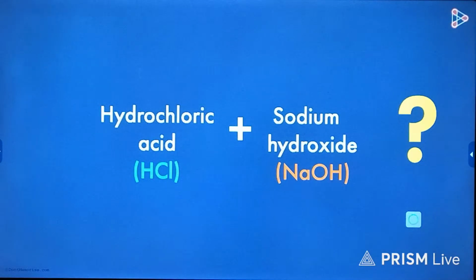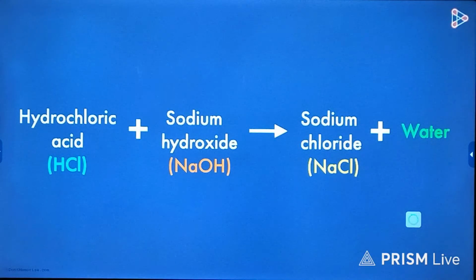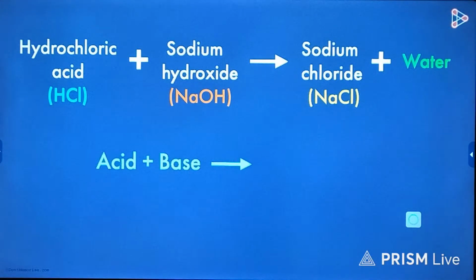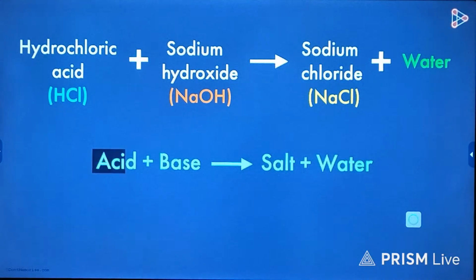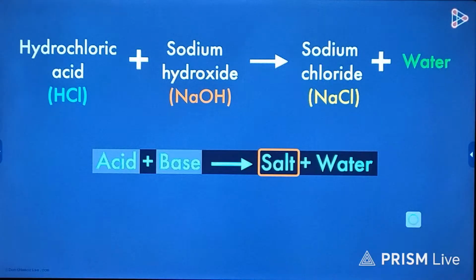What will be the result then? The reaction yields sodium chloride and water. Sodium chloride is the common salt used by us. So, an acid with a base gives us salt and water. This is a generalized reaction. Salts are the product of the reaction between an acid and a base.